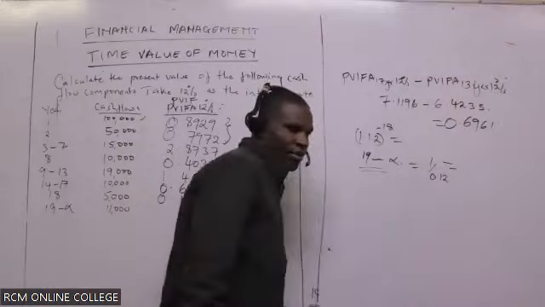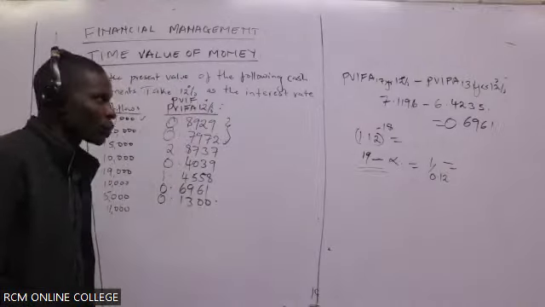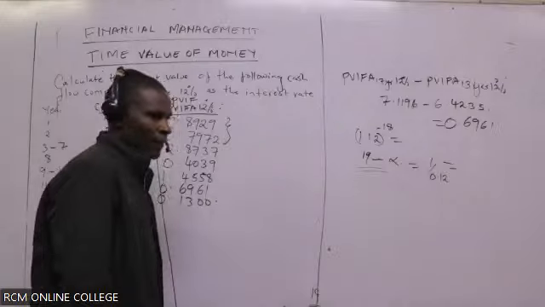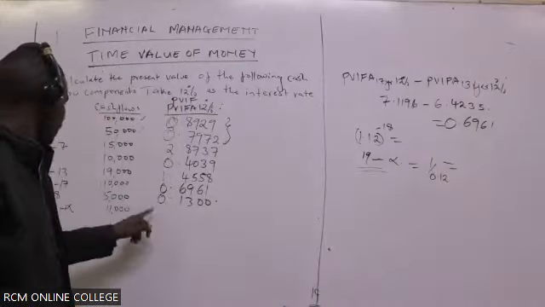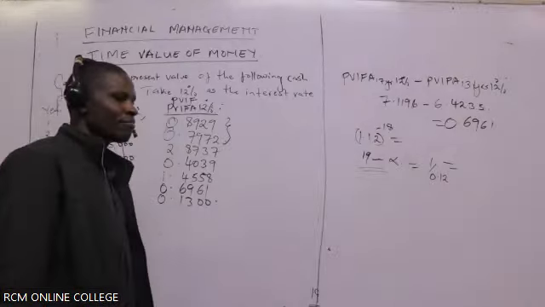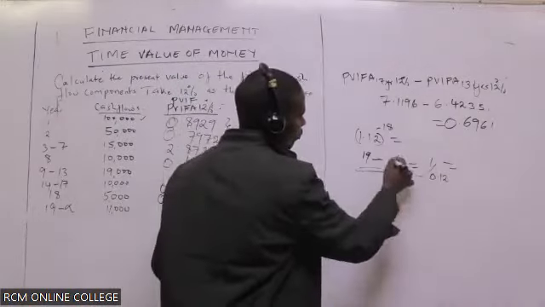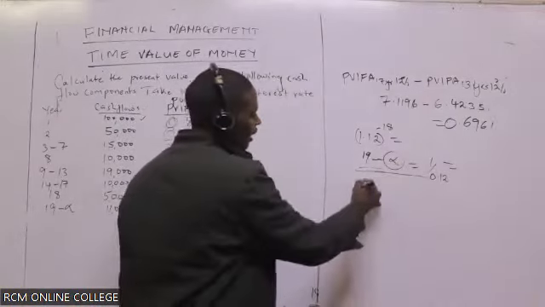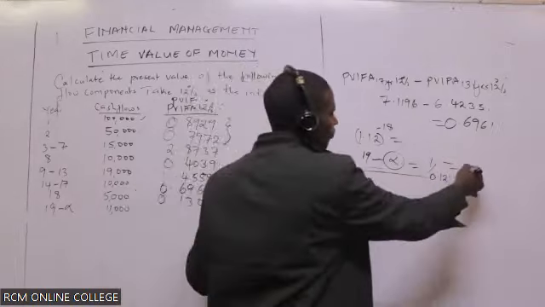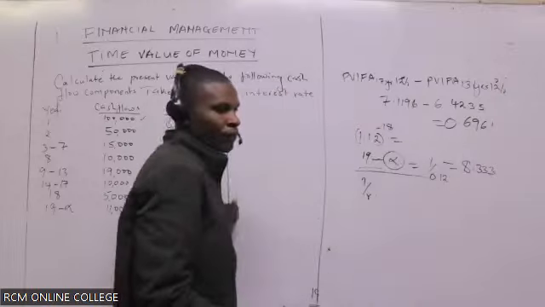So 1 divided by 0.12, what do we get? 1 over R is getting the present value of infinite, which is 8.333.